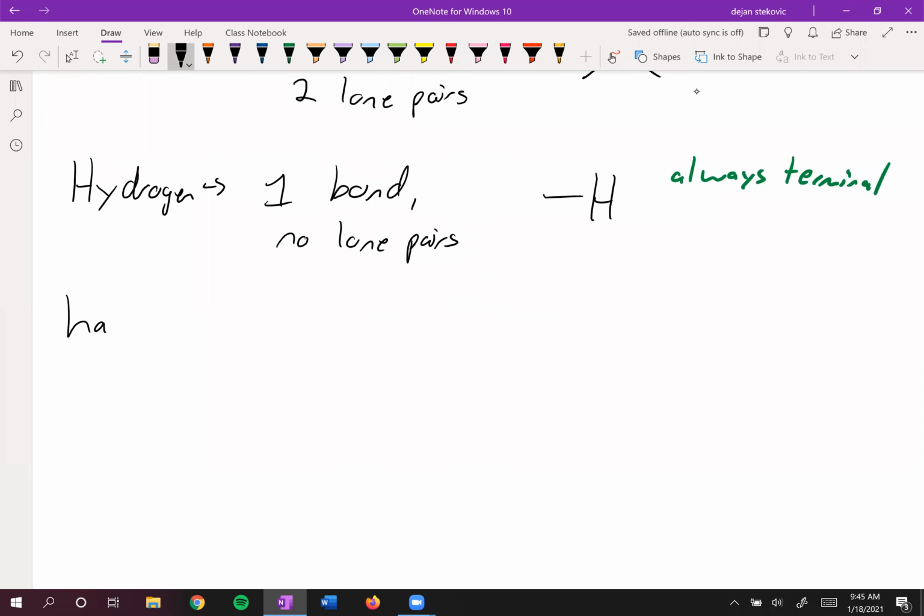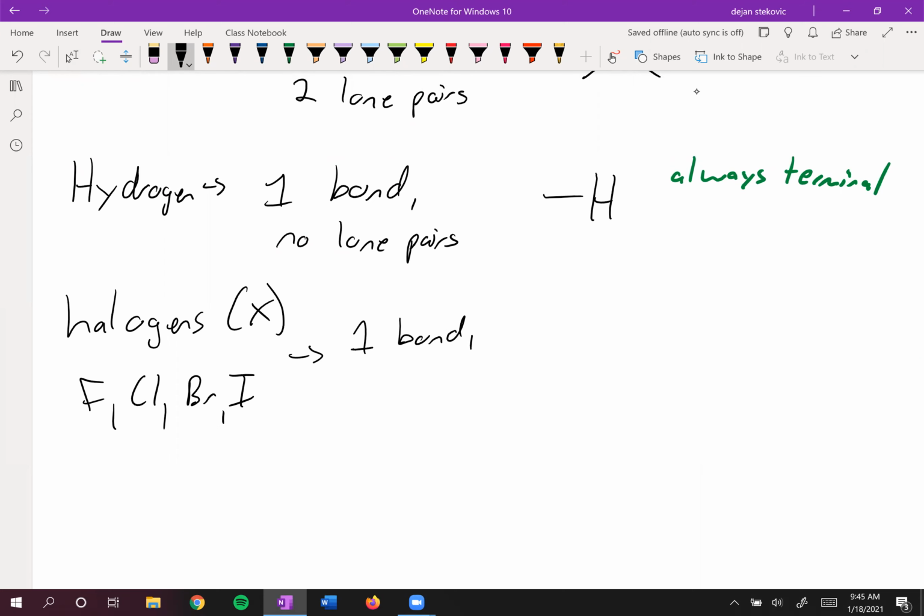And then after that, we have our halogens, which are generally denoted as X. Halogens could be fluorine, chlorine, bromine, or iodine. They'll have 1 bond and 3 lone pairs. These will also be terminal because they can only form 1 bond, similar to hydrogen.